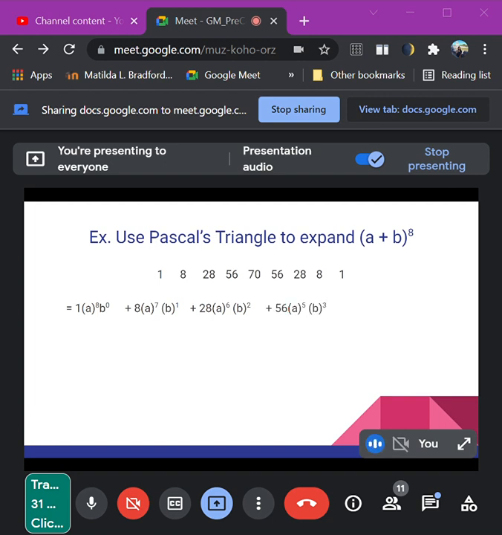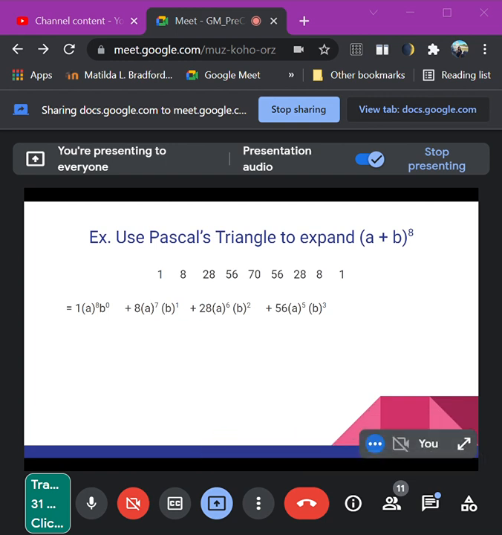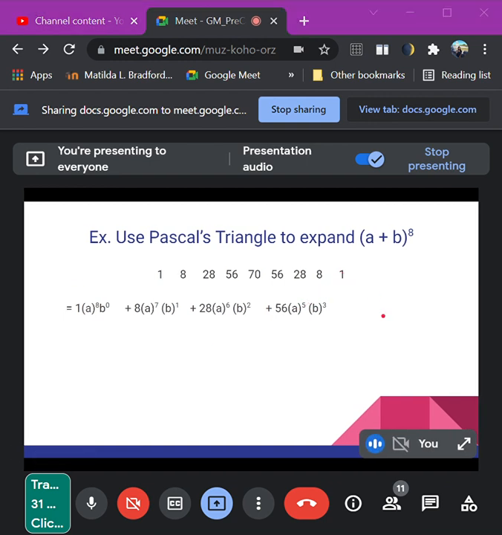Now, for our next one. Ano, 70 pa ni siya. Nasayop na ko. Sakto lagi. 56 pa day tao eh. 70 na noon. 56 pa day. And the next one, we have here, 70 A raised to the power of 4, B raised to the power of 4. Very good. Next one, 56.